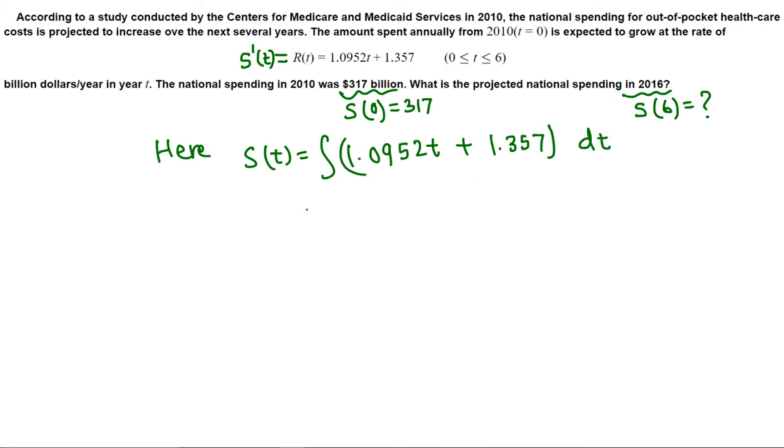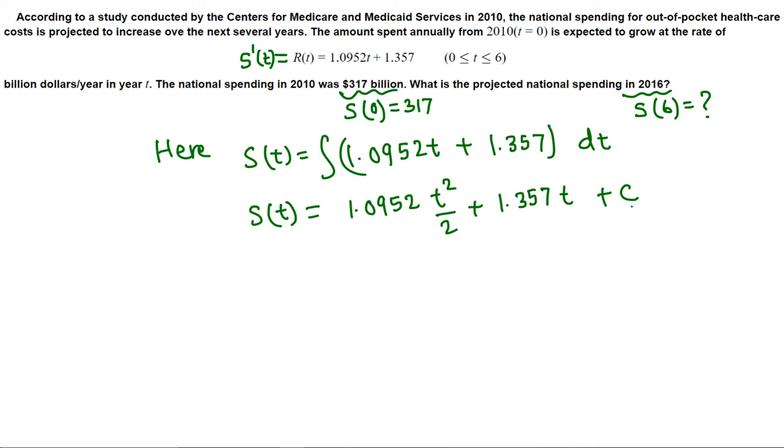Let's integrate this. The constant survives. The antiderivative of t is t squared over 2, plus the antiderivative of this constant, which is just the constant times t, plus a constant of integration. That's the amount spent at year t.